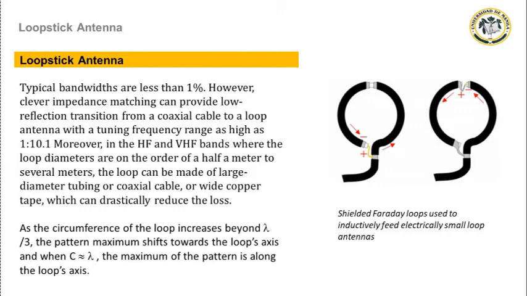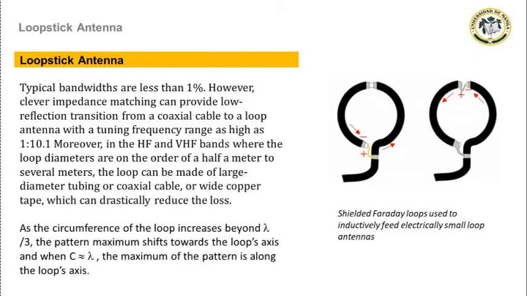Moreover, in the HF and VHF bands, where the loop diameters are on the order of half a meter to several meters, the loop can be made of large diameter tubing, coaxial cable, or wide copper tape, which can drastically reduce the loss.